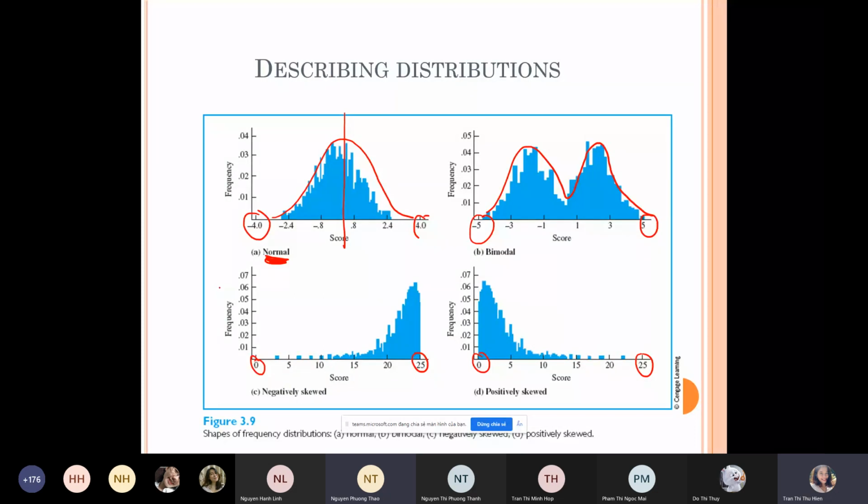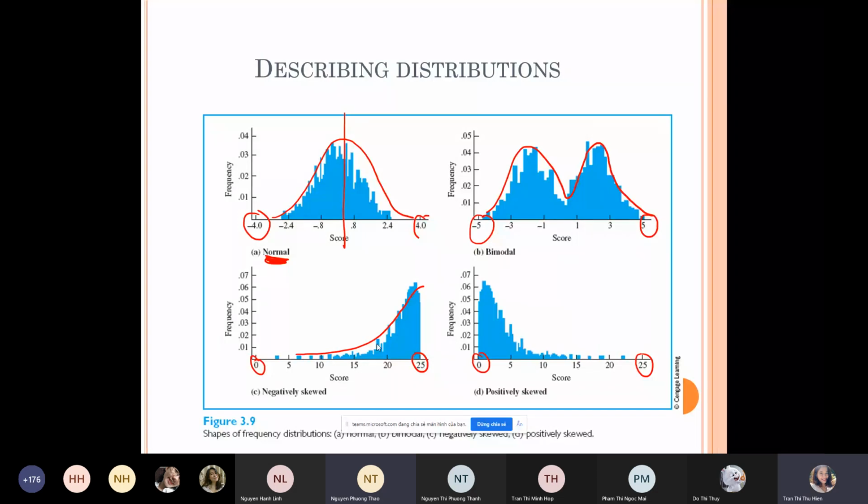And the next one is negatively skewed, or skewed to the left. You can see that here the data is focused on the right-hand side, and in this case it is skewed negatively.